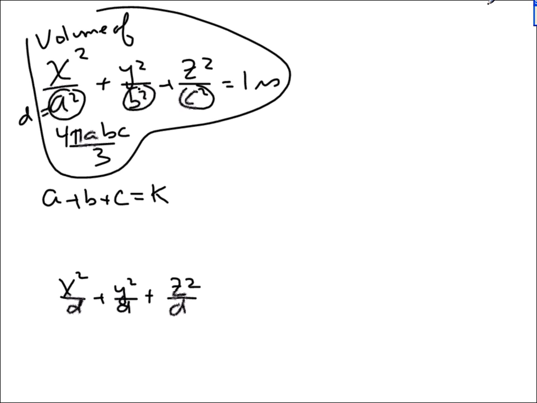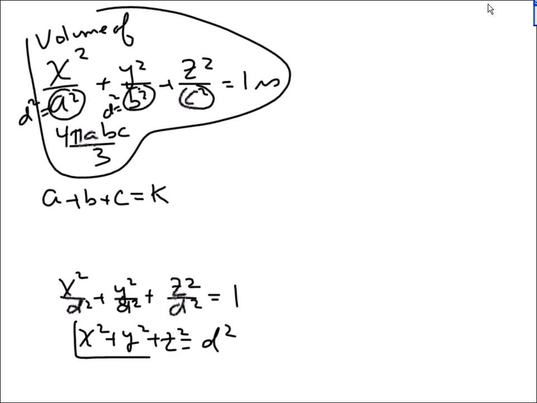But since a equals b, D is also b squared and D is also c squared. This is 1. Multiplying everything by D, you get x squared plus y squared plus z squared equals D. Okay, I lied. D is a squared. This is the equation of a sphere centered at the origin whose radius is the square root of D.